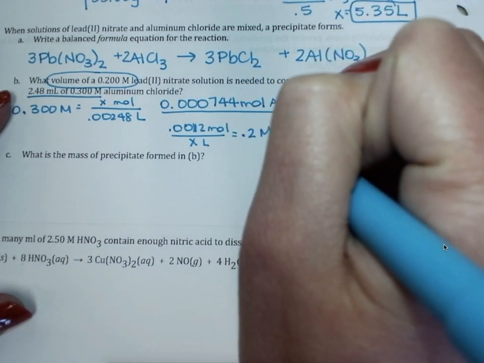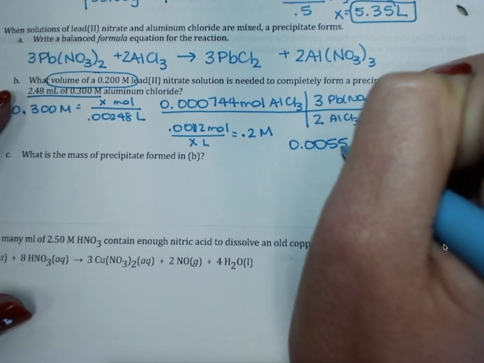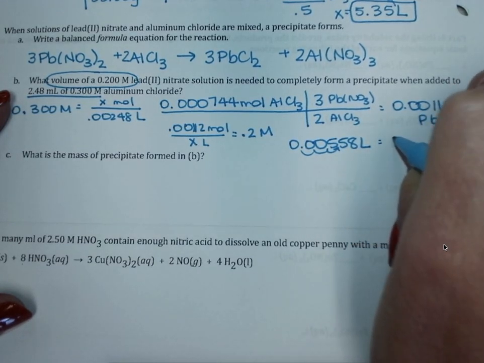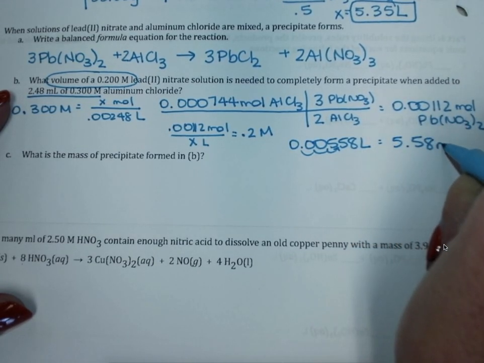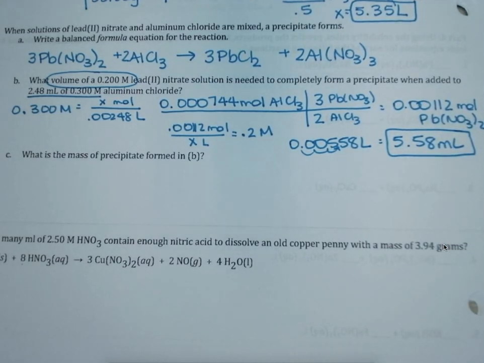And so that X volume would be 0.00558 liters, which is 5.58 milliliters. That's how much I would need to react with the 2.48 milliliters of the aluminum chloride.